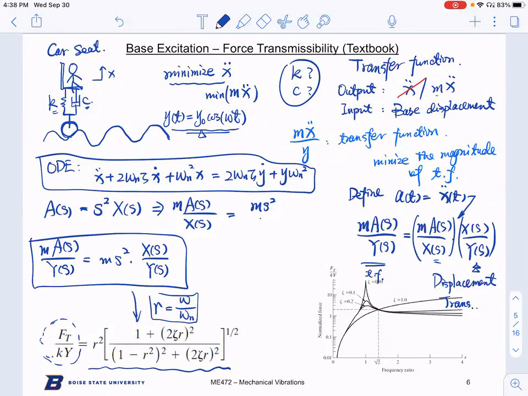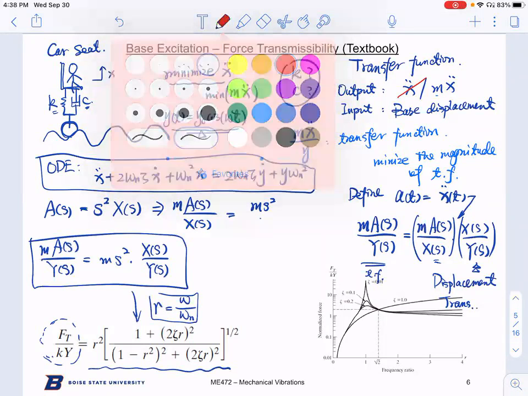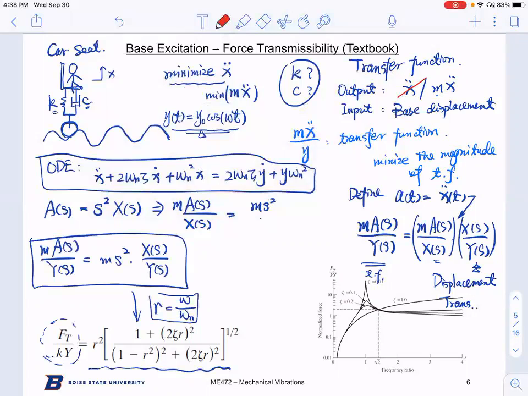If you look at the plot, I actually provided you the MATLAB code online. This plot changes as you change the damping ratio of your system. In order to minimize acceleration or inertial force, if you look here, the best line of operation should follow the red line, right?